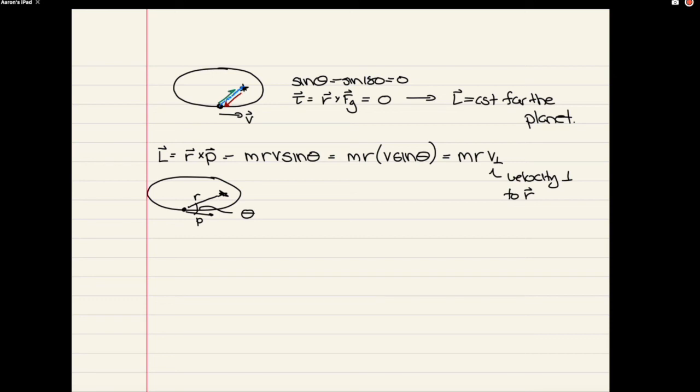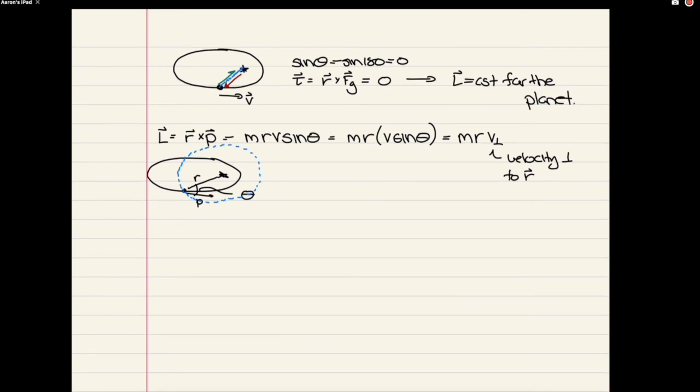But really, you can imagine a hypothetical circle here, with radius r, that goes around the sun. And what this is saying is that there's some velocity component, v perpendicular, that is not parallel to r, but is perpendicular to r in this case. The planet has both, but this is a way of extracting the component that's perpendicular.